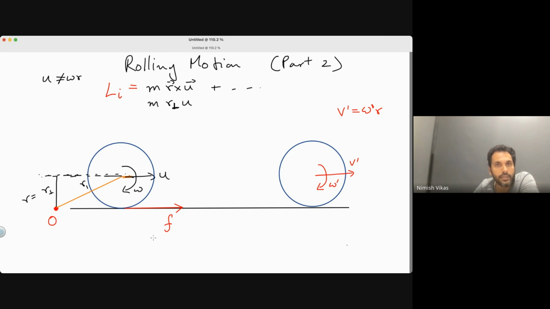This is important. M R1 U sine theta, but R1 sine theta would be simply the radius of the body. Are you getting this point, guys?